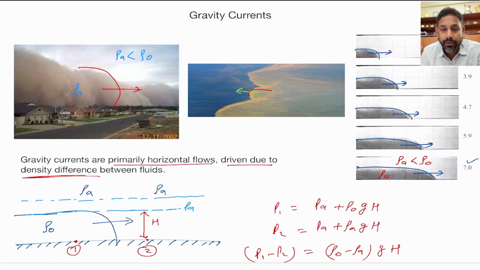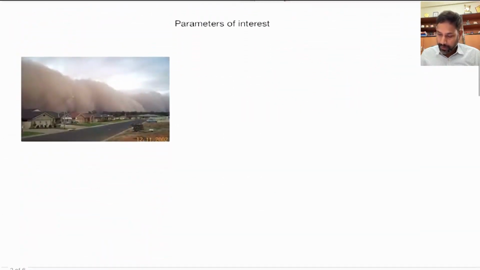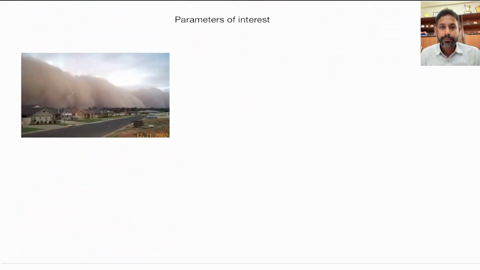We are simply using the hydrostatic pressure condition here, and that tells us the pressure difference, and because of the pressure difference there is horizontal flow. So this is the basic pressure difference that comes from density difference, and that drives the flow in such a case. Okay, so these are called gravity currents, and as you can see from these images, they occur quite frequently in nature, and that is why we want to understand how gravity current flows and what the important parameters are while studying gravity current.